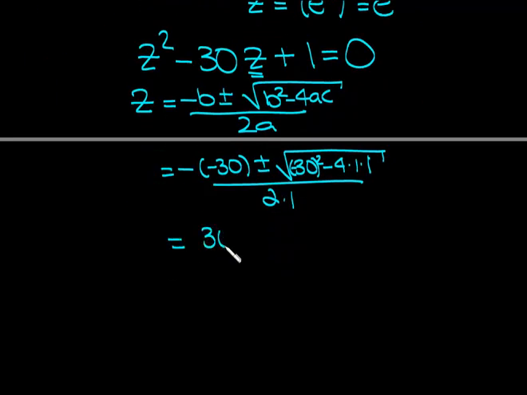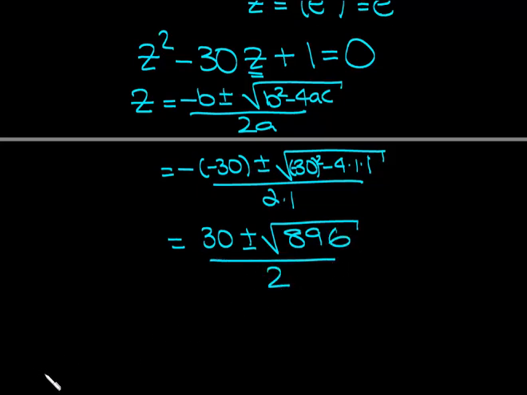So we get 30 plus or minus the square root of 30 squared is 900. 900 minus 4 is 896, divided by 2. Okay. So let me see, what is 896?